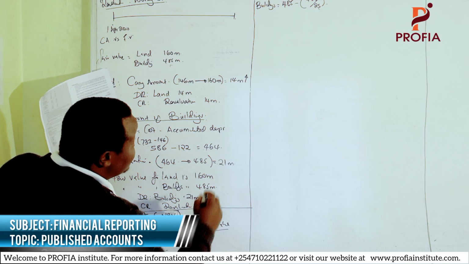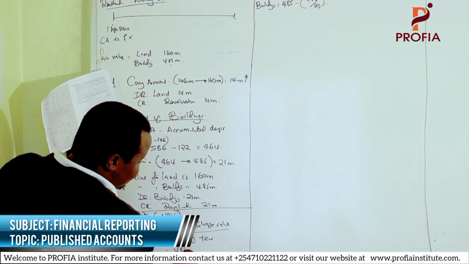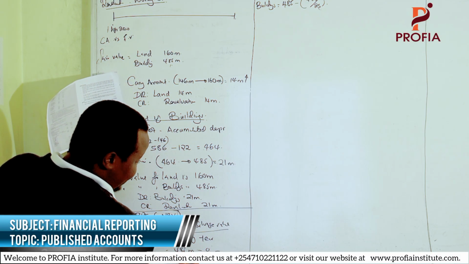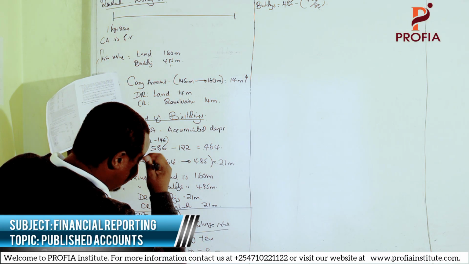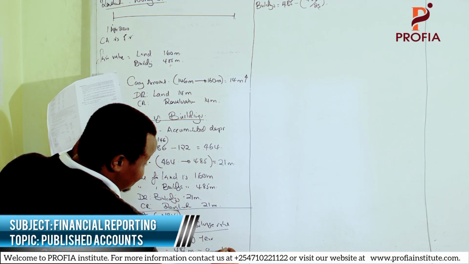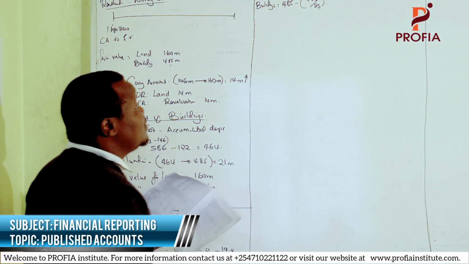Our cost for this situation is 485 million. Salvage value is 0 and the number of years is 25. It means the depreciation per year is how much? 19.4 million. So that is the depreciation.